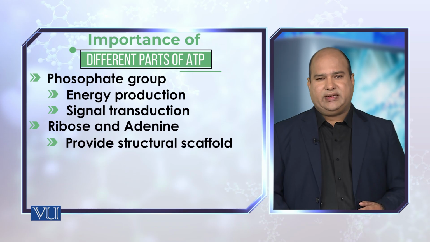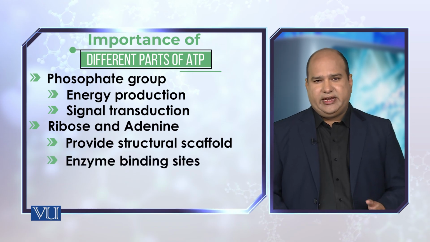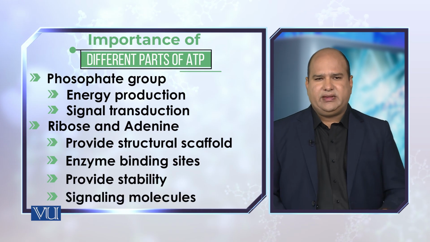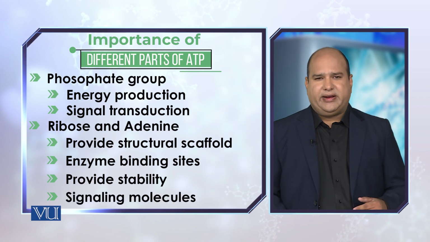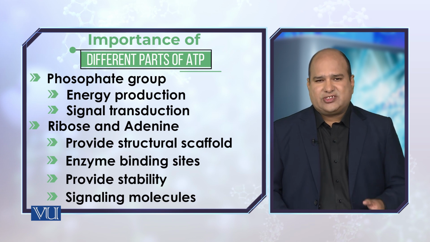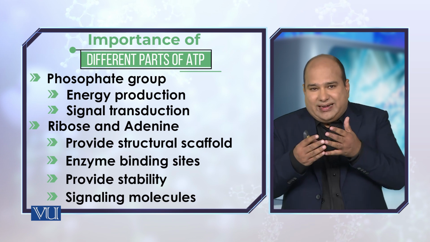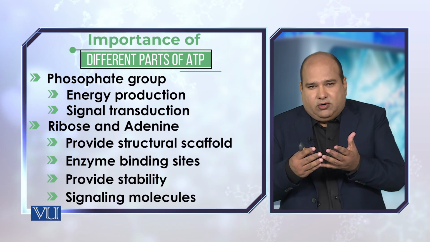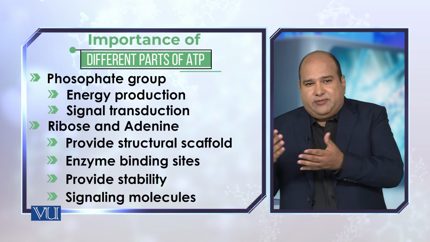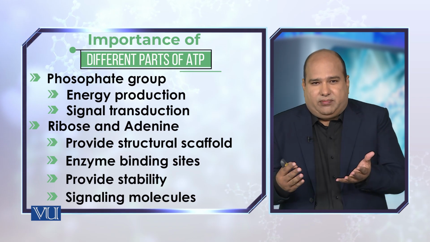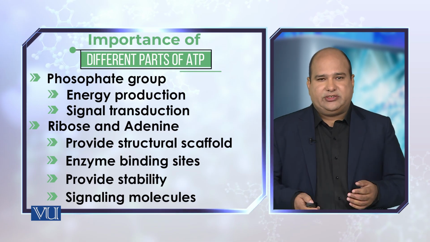Then there are the ribose and adenine parts of ATP, which are not as much discussed whenever we are talking about ATP in terms of its role in metabolism. Anyway, they provide a very important thing, that is the structural scaffold, the part on which the phosphate group can stand and get a platform, so that it can do whatever it is doing.